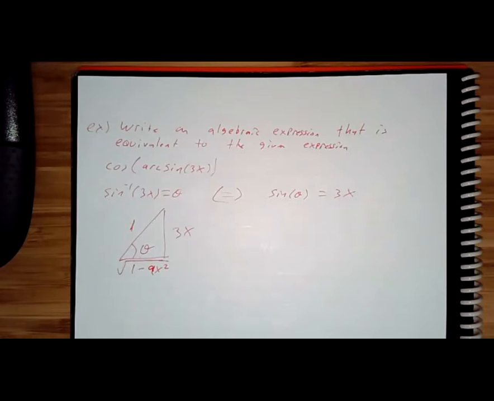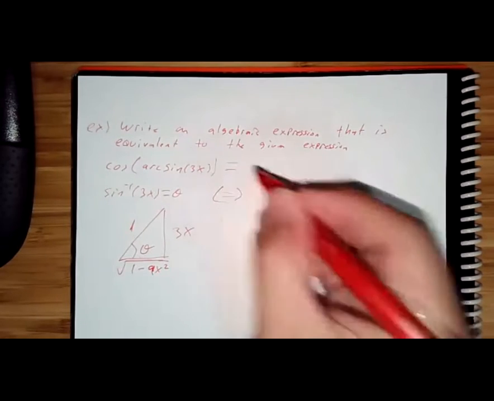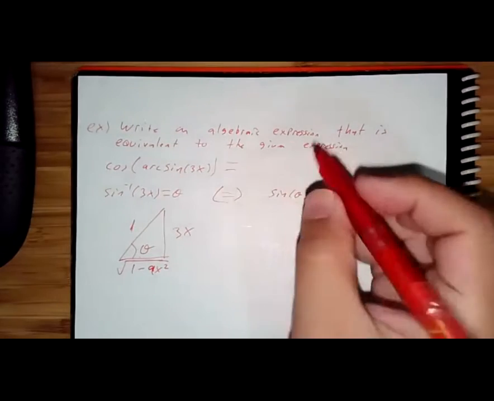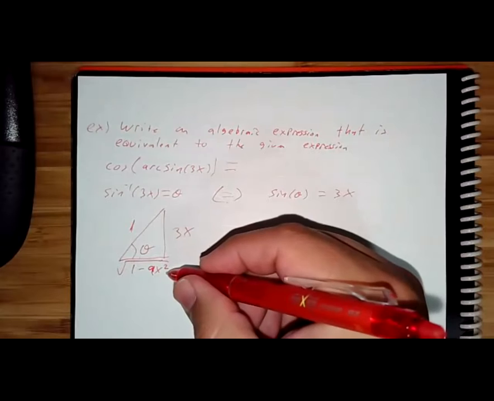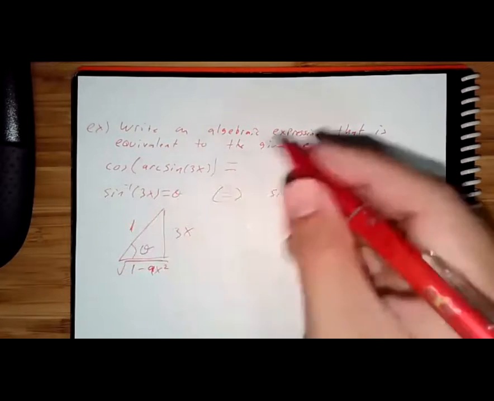So once you do that, what is the cosine using this triangle? That's what they're really asking. Cosine is adjacent over hypotenuse.